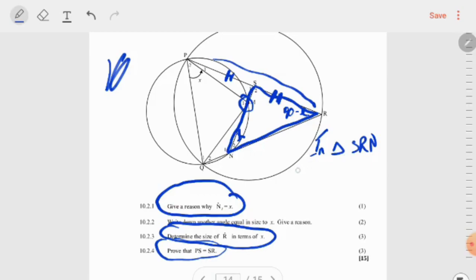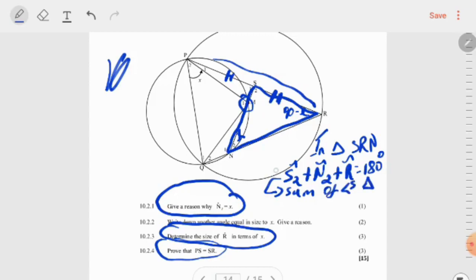So in that triangle, we can say angle S2 plus angle N2 plus angle R is equal to 180 degrees. We always have to give a reason. So our reason in this case is sum of angles of a triangle.